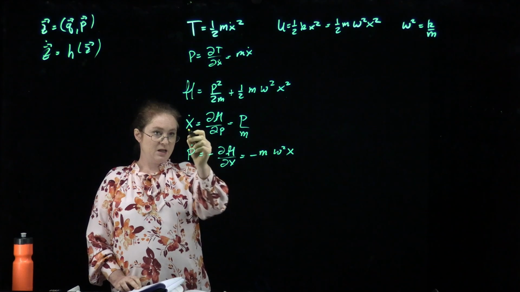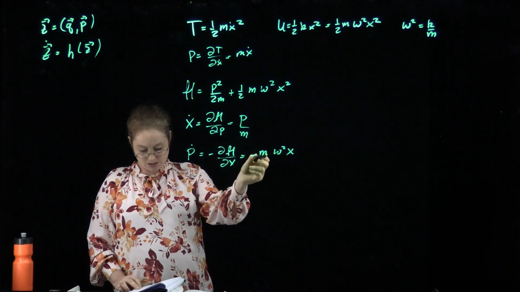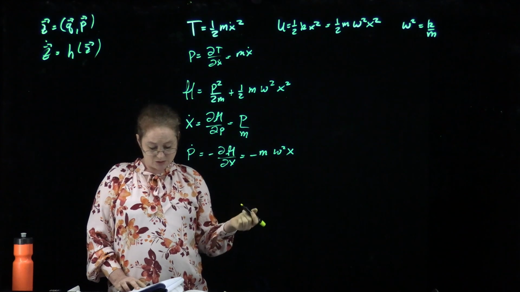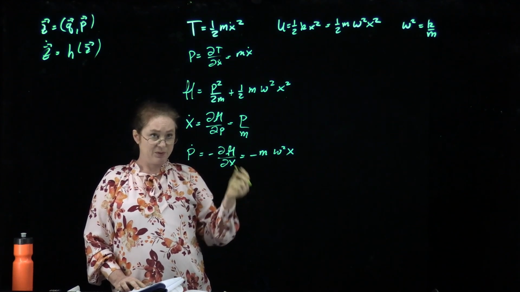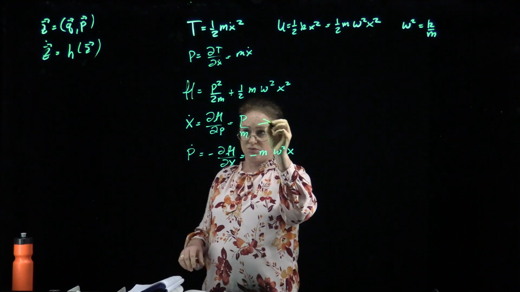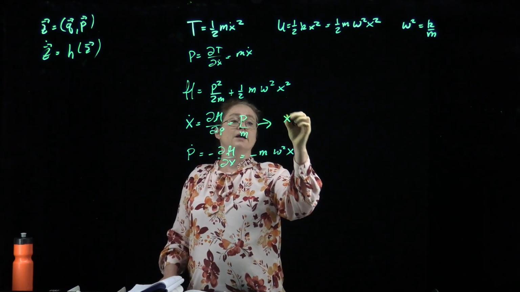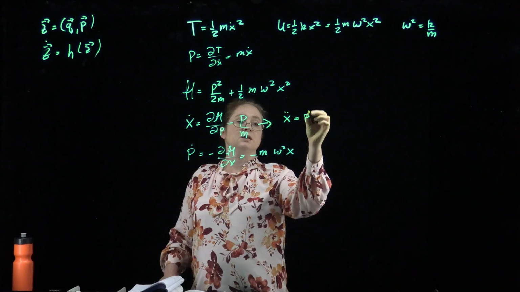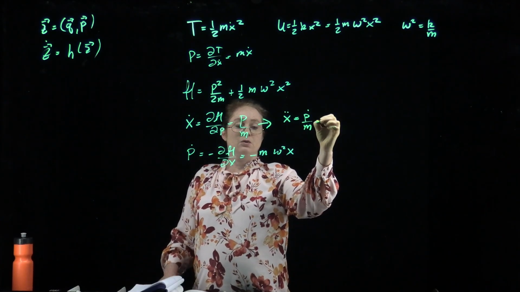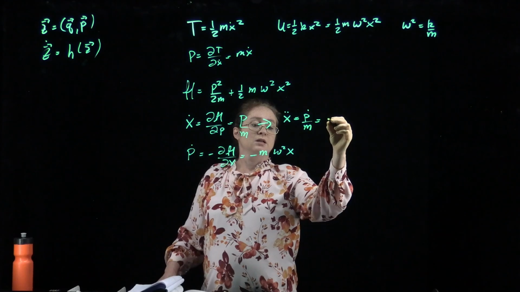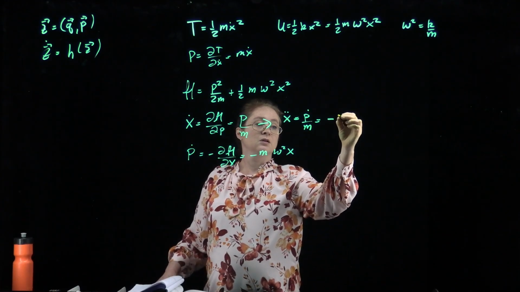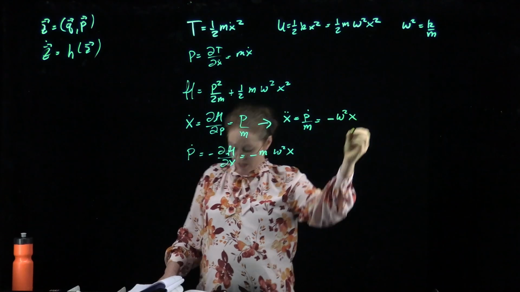So we then have x dot and p dot. The easiest solution is to eliminate p: take the derivative of this, x double dot equals p dot over m, which is equal to negative omega squared x.